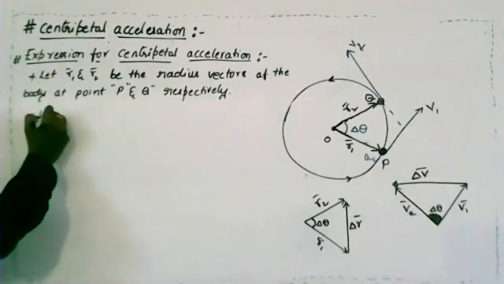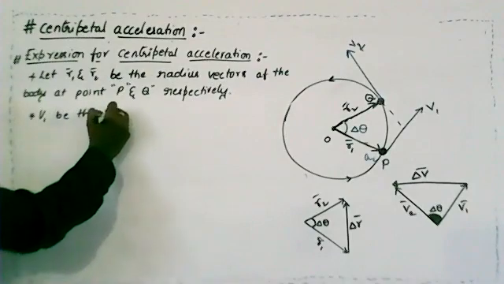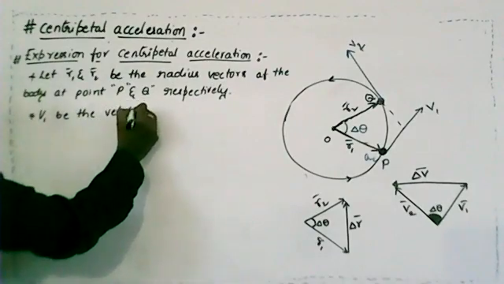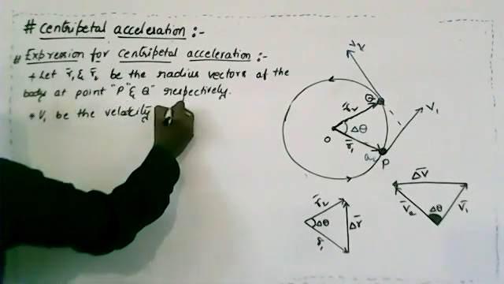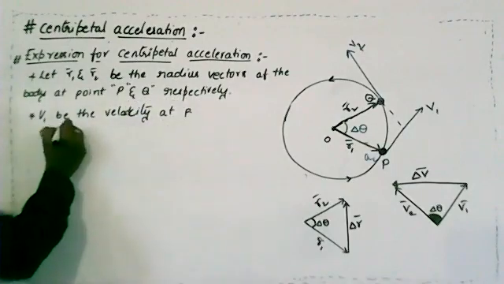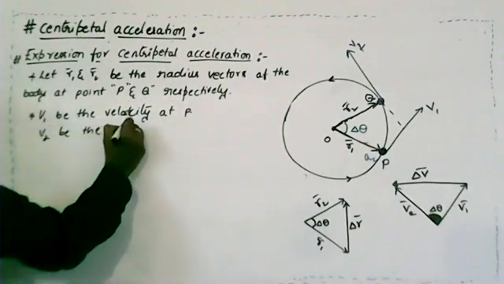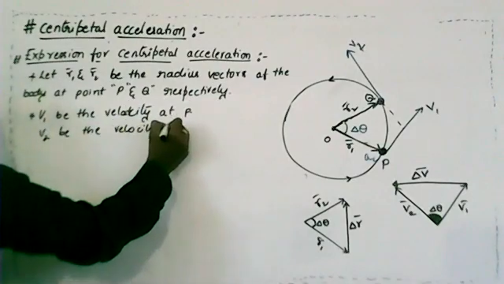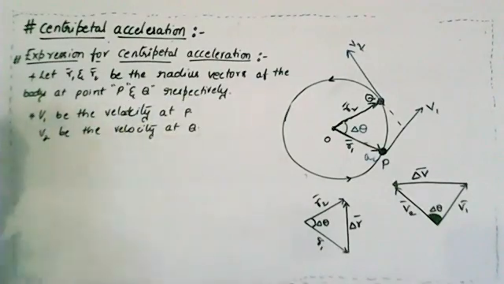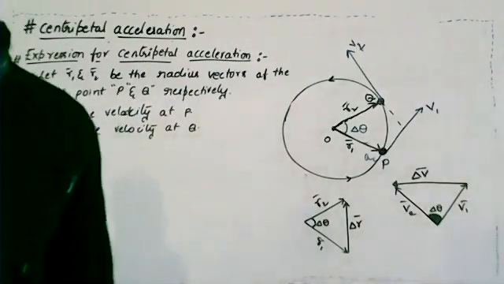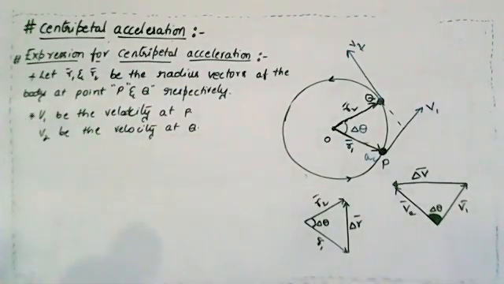Now let v1 be the velocity at P and v2 be the velocity at Q.